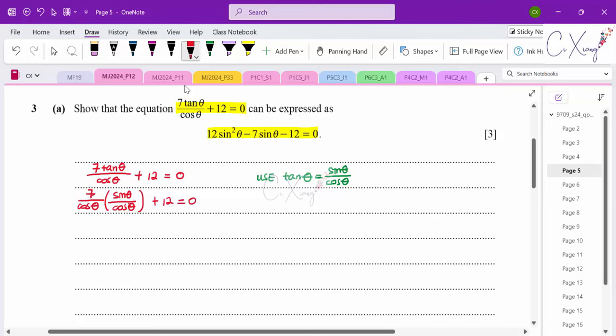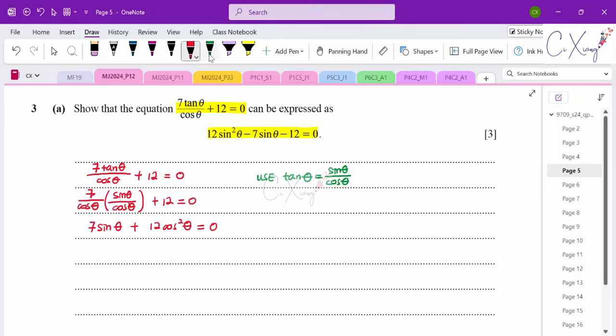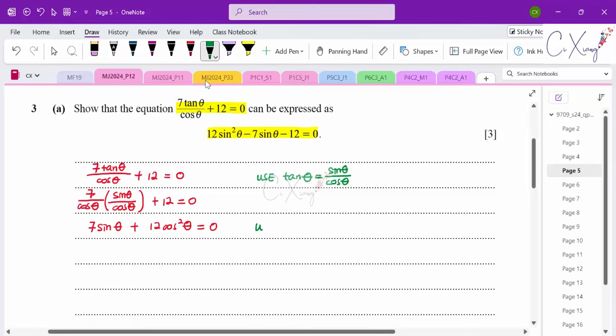Next, you want to get rid of the cos square. Okay, if you want to get rid of the cos square, you multiply the whole equation with cos square. So you're having 7 sine theta plus 12 cos square theta equals to 0. Okay, then again, in my final answer, there's no cos. So that means I have to change my cos square theta to sine. How can I change cos square theta to sine? So we are having the identity sine square theta plus cos square theta equals to 1. Therefore, cos square theta is equals to 1 minus sine square.